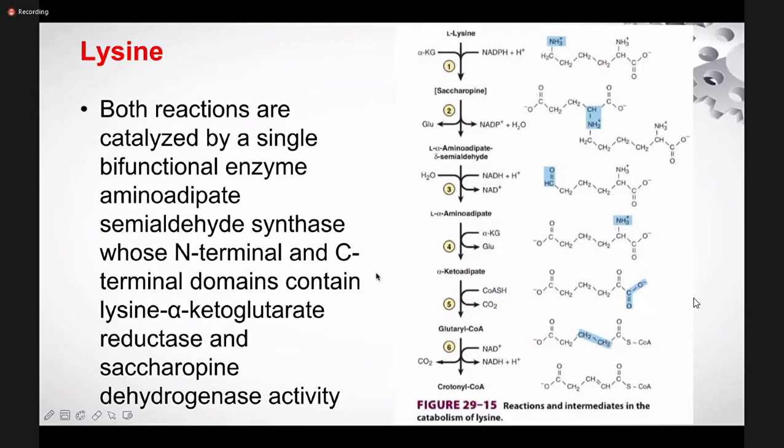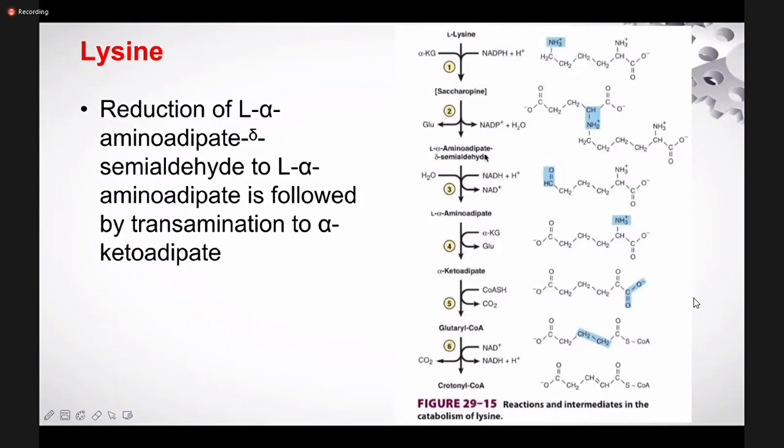After that, there is the reduction of the aminoadipate semialdehyde, followed by transamination to become alpha-ketoadipate. Here, transamination uses alpha-ketoglutarate, with the formation of glutamate. So from aminoadipate, ketoadipate is formed.